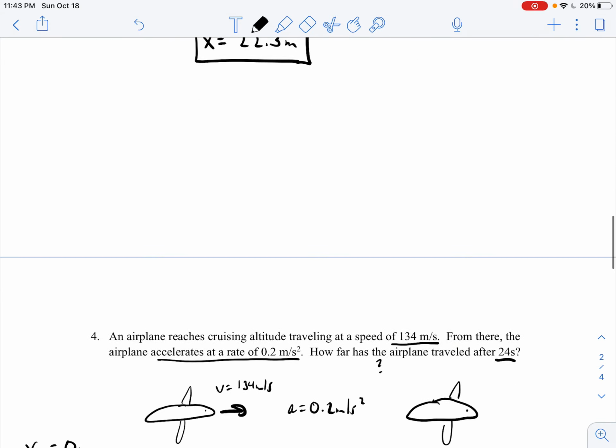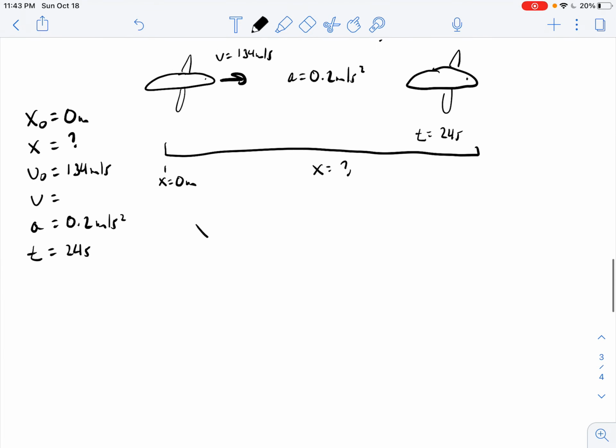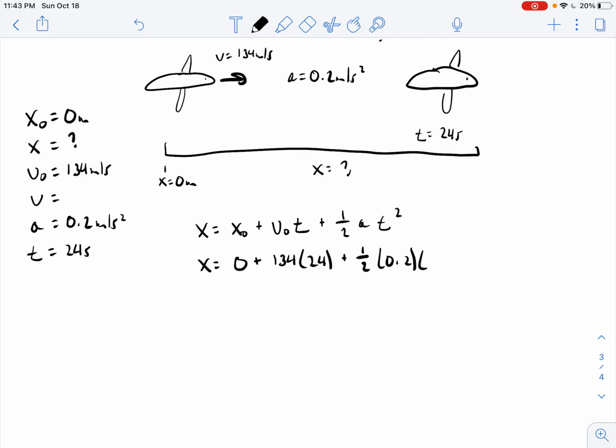So, scrolling back down, we're going to have final position is equal to initial position plus initial velocity times time plus 1/2 times acceleration times time squared. So final position is unknown, initial position is 0, our initial velocity is 134, our time is 24 seconds, plus 1/2 times 0.2 times our 24 seconds squared.